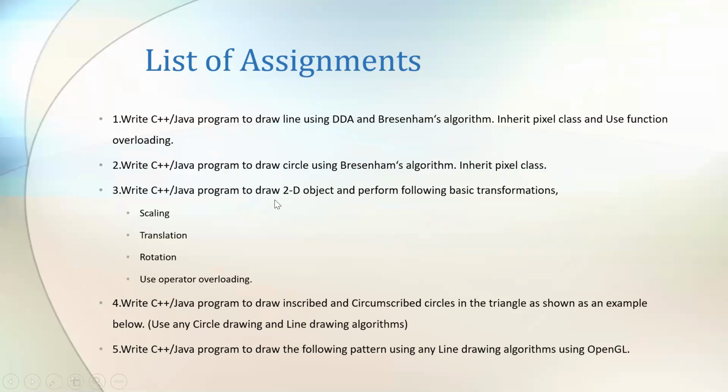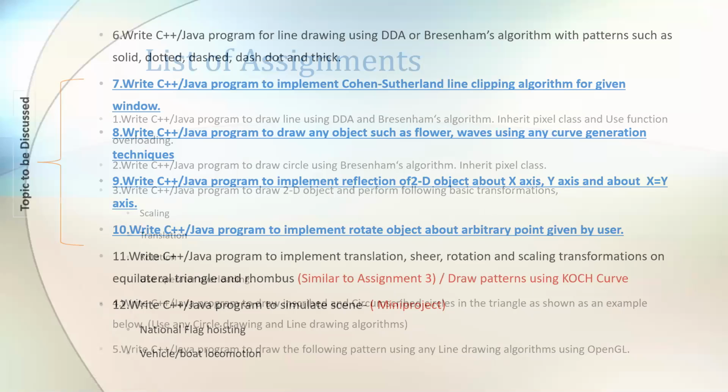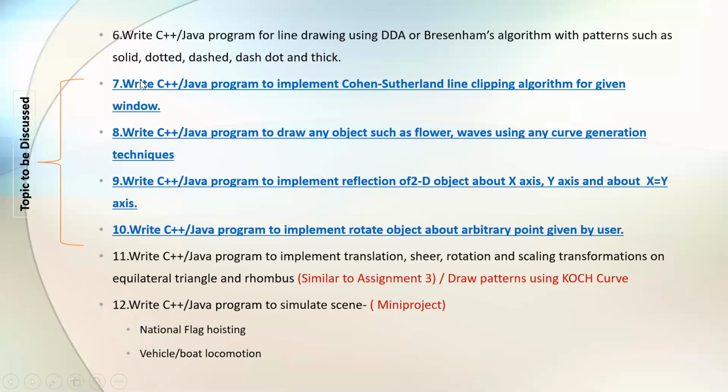The third assignment was based on transformation, different types of transformations you have done, and the fourth assignment was based on a particular pattern wherein you have two circles, inscribed and circumscribed circles, and the fifth was a rectangle box pattern which you have to draw using lines. The sixth one was how to draw different line styles like solid line, dashed line, dotted line, and till 6 assignments we have covered it in the class itself.